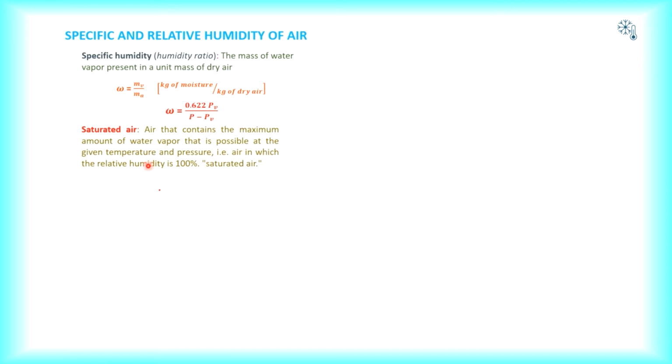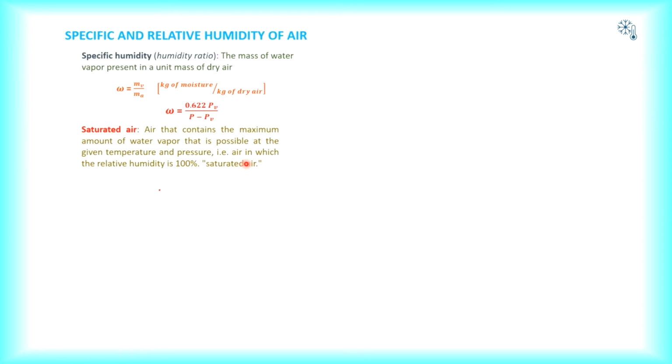Example, air in which the relative humidity is 100% is called saturated air. So if the relative humidity is 1 or 100%, that means the air cannot accommodate any more water particles.